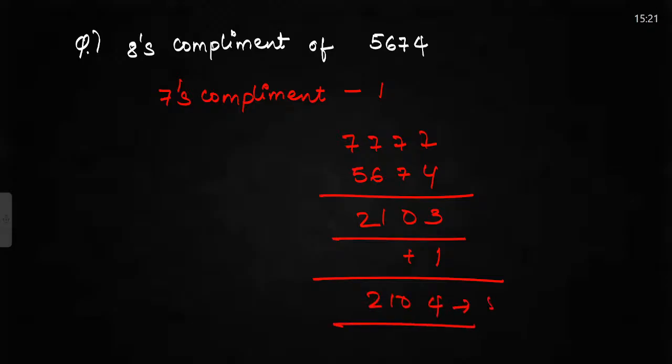So this is the 8's complement, and this is the 7's complement. So in order to find the r minus 1 complement, we simply subtract every digit from that one, then you will get that one.